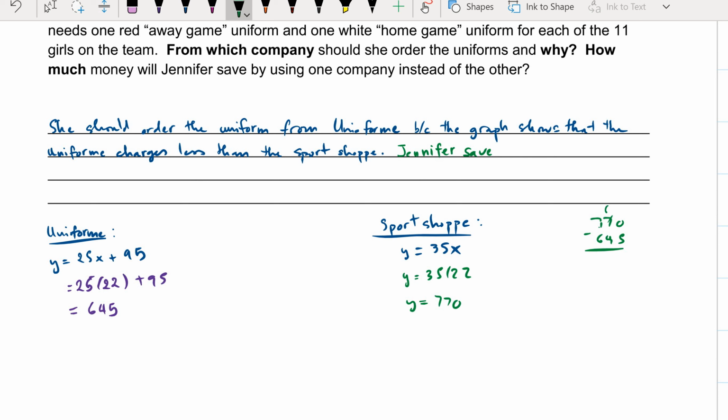So borrow 1 from that, give you 6. 10 minus 5 is 5. 6 minus 4 is 2. Jennifer will save $125 by using the Unique for Me company.